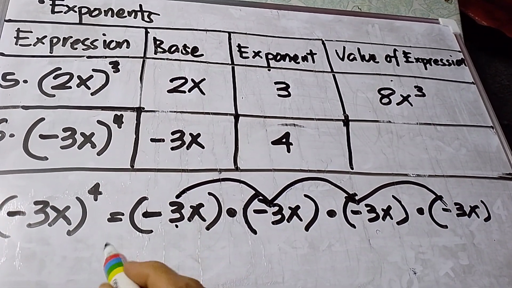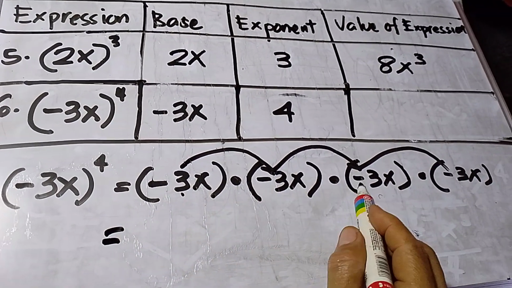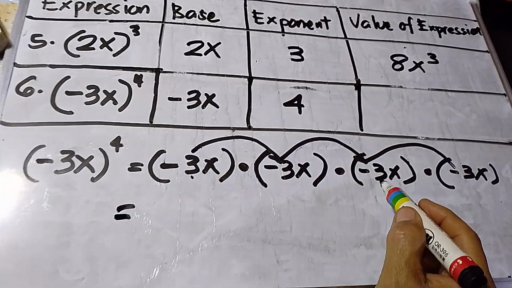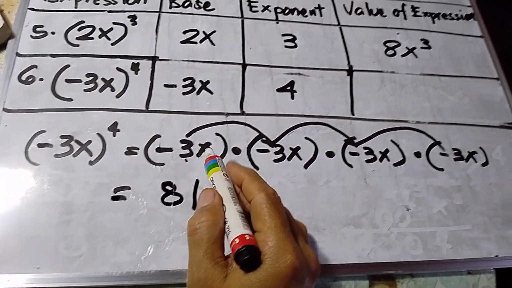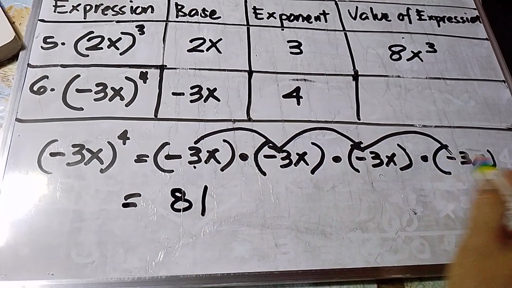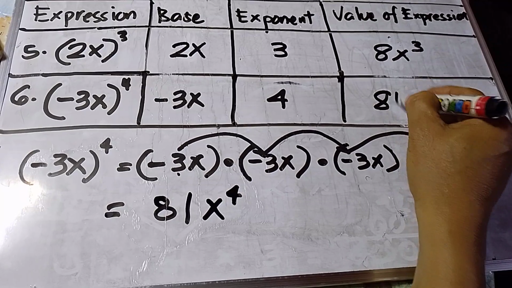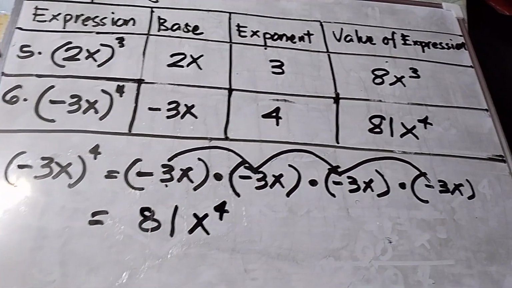So 3 times 3, we know that this is a positive answer, so negative times negative is positive. So 3 times 3 is 9, times 3 is 27, times 3 is 81. Then x, how many 1? 1, 2, 3, 4. So this will be x to the power of 4. So 81x to the power of 4. That's all for today's topic.